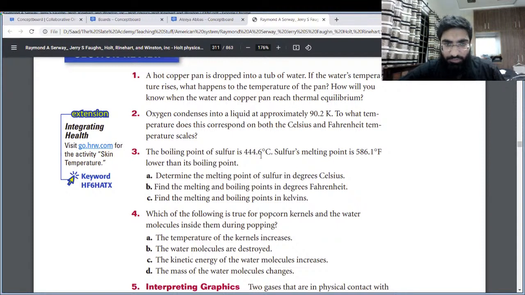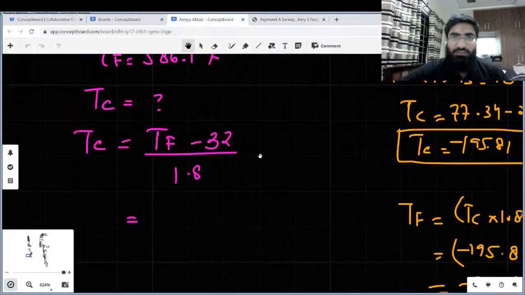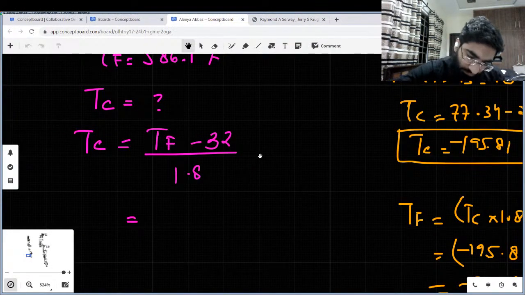First I'll have to convert that into Fahrenheit, and then from that I have to deduct 586.1 degrees, and that would be the melting point in Fahrenheit. Let's see, this is how it would be done.